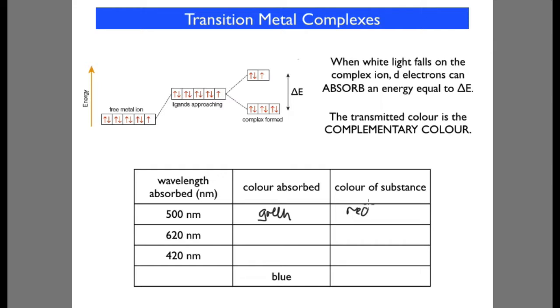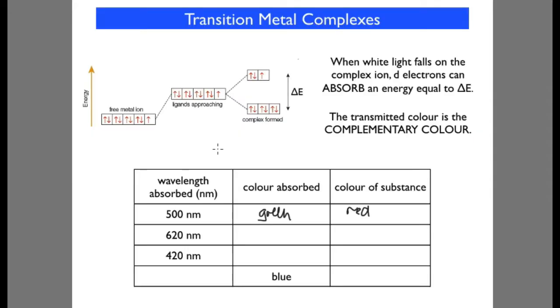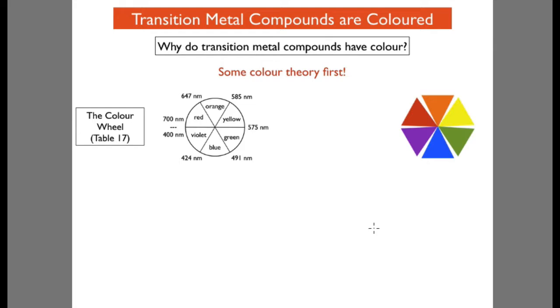Green, red. The next one, we've got 620 nanometers. So 620 is between 585 and 647. So it's going to be orange, and it's going to transmit blue or reflect blue. Next we've got 420. 420 is nearly getting on the blue, but it's still in the violet area.